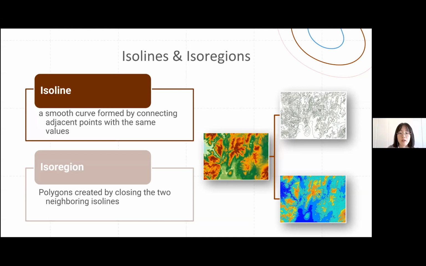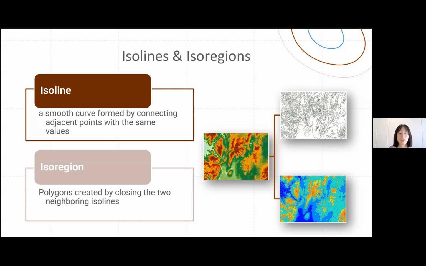So that means there is little change or very gradual change in the value of elevations. So with the help of the isolines and isoregions, we can quickly find where we have a rapid change of values in our raster data set.